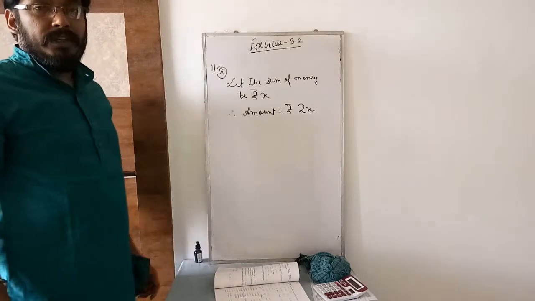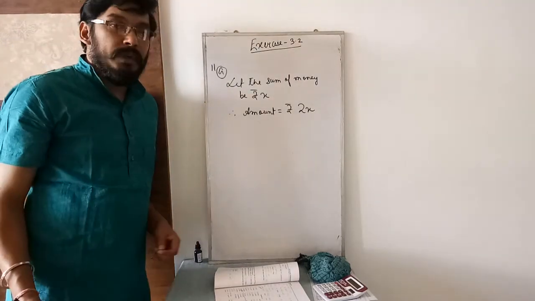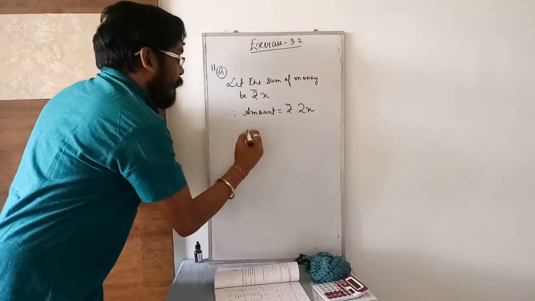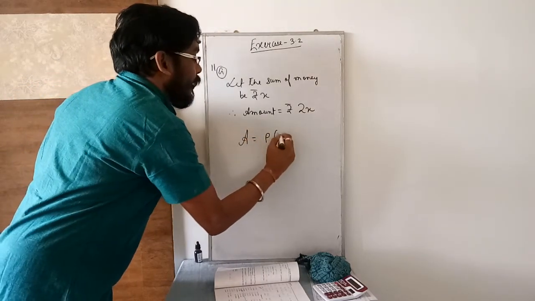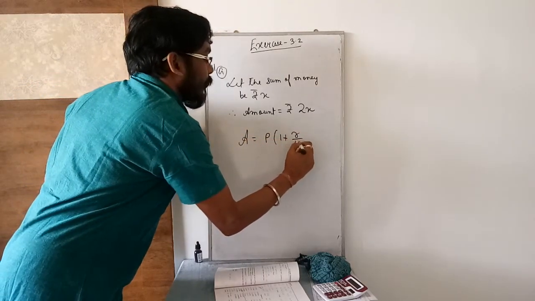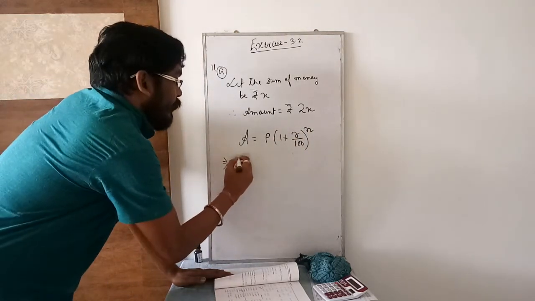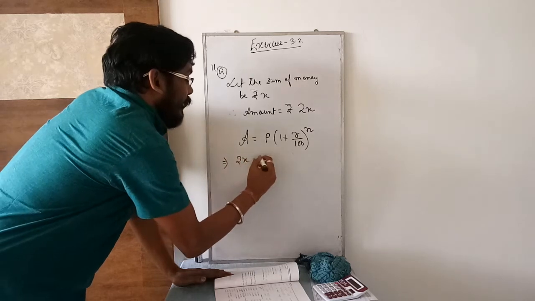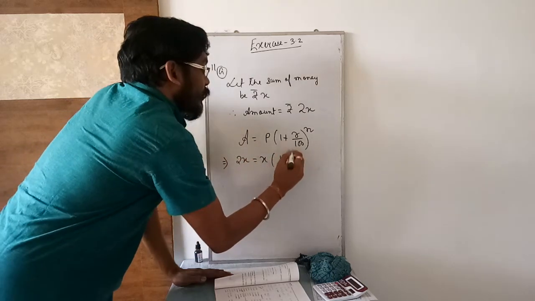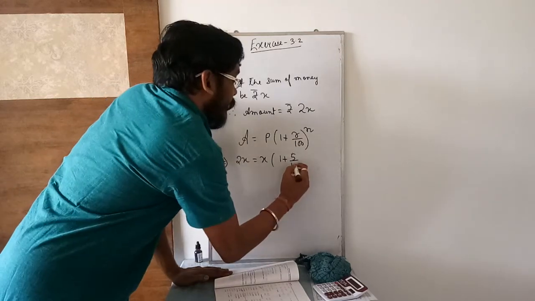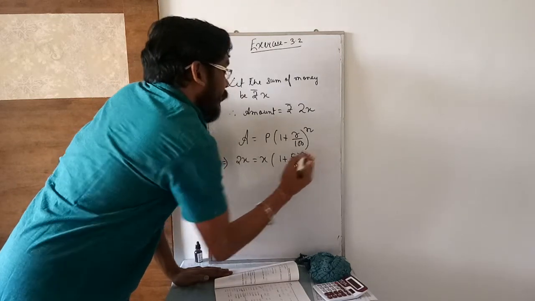Since it is compound interest, we will use the formula for compound interest for finding out the amount. The amount formula is A equals P times (1 plus R by 100) whole to the power n. Here A is 2x, P is x, R is known to you, it is 5%, so 5 by 100. You have to find the value of n.